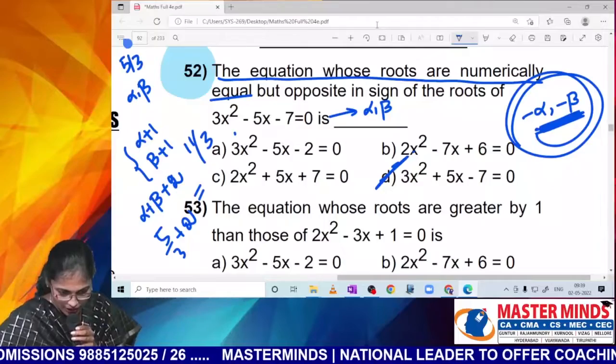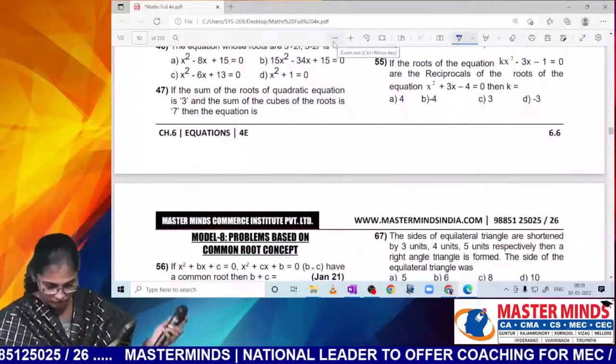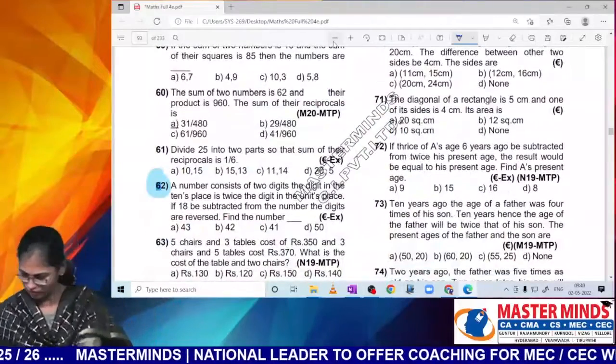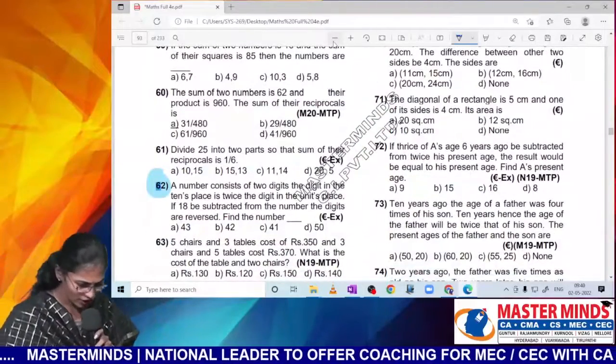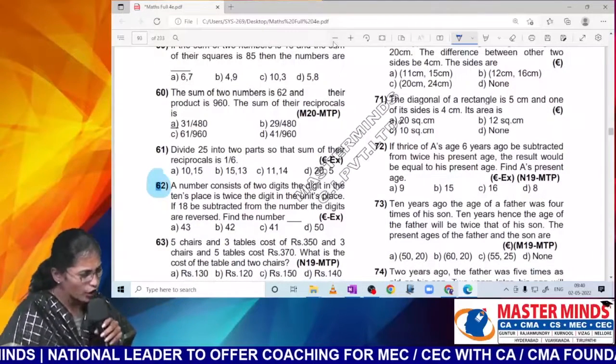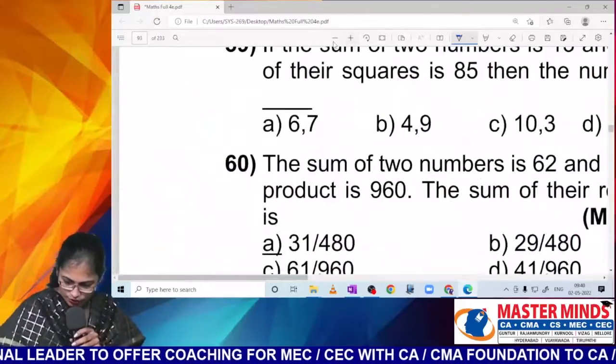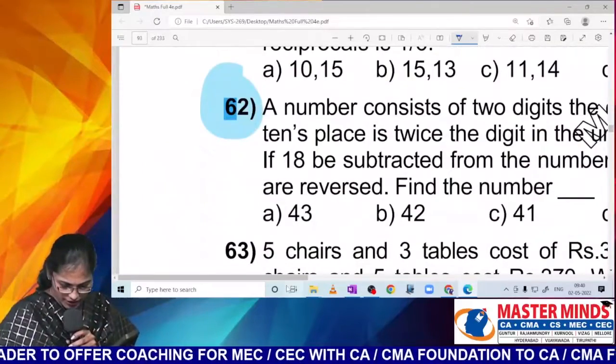The next example that I wish to show you is, just a moment. Okay, look at 62, read out 62. A number consists of how many digits? The number consists of 2 digits. Read out the next line.